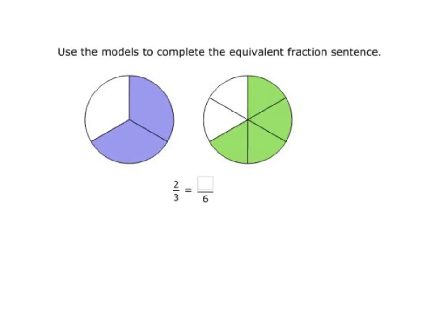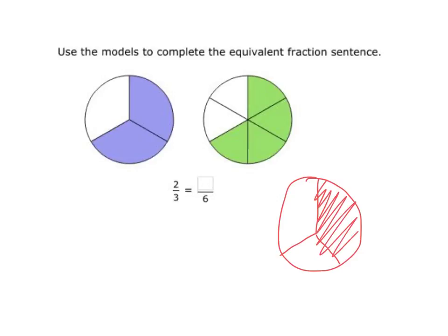So again, I can show you that one more time by cutting it up into thirds and shading in 2/3. Now if I were to cut my thirds in half, I now have 6 pieces: 1, 2, 3, 4, 5, 6.